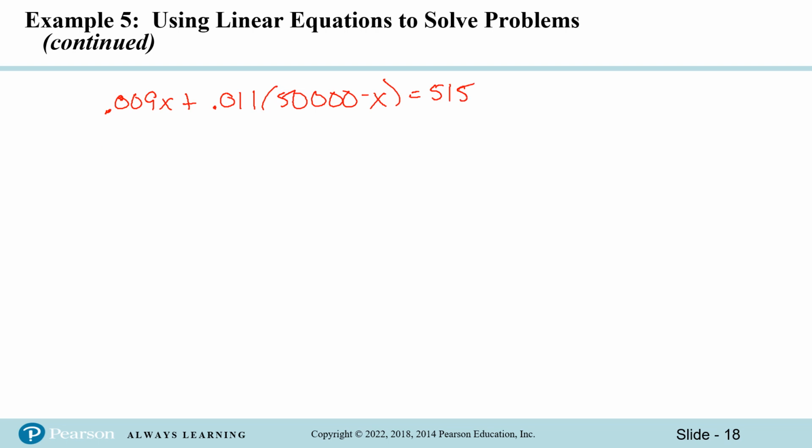I need to distribute. And let me check to see what that is. 550 minus, too many zeros, equals 515. Combine like terms. So I can combine these, 0.002x. I'm going to go ahead and subtract my 550.